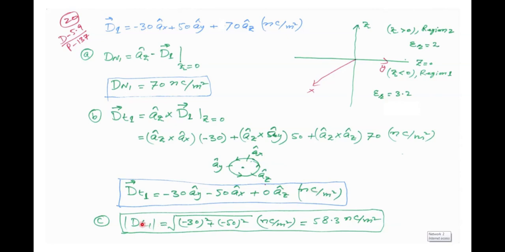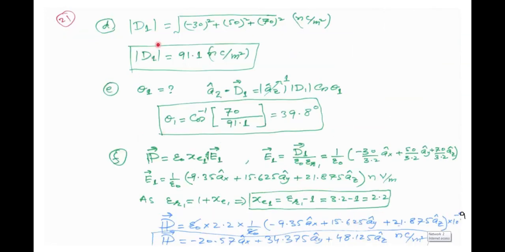Then how to obtain the magnitude of the tangential component of D1 field? That is straightforward. Just apply the distance relation. So we obtain the magnitude of the tangential component of D field, which is 58.3 nanocoulomb per square meter.